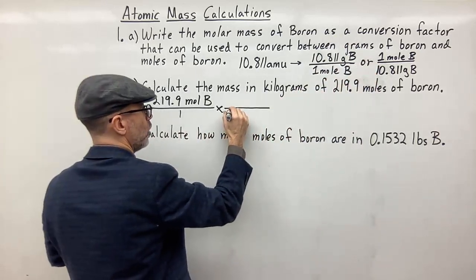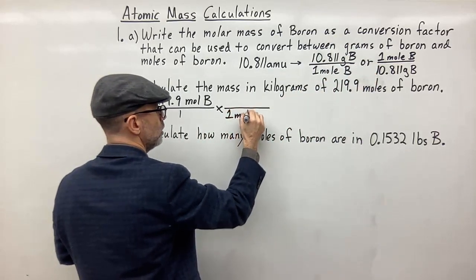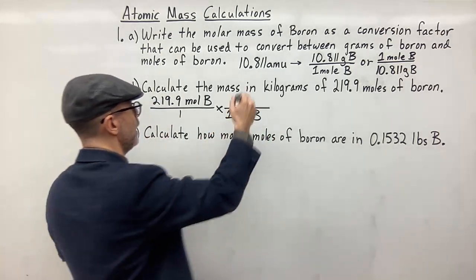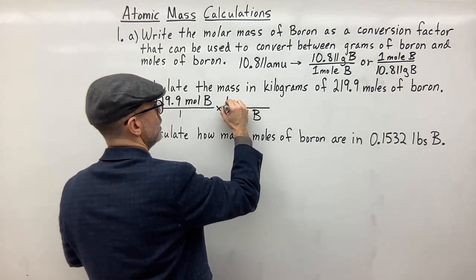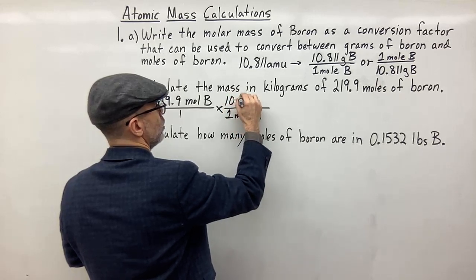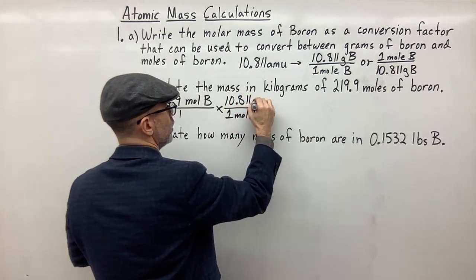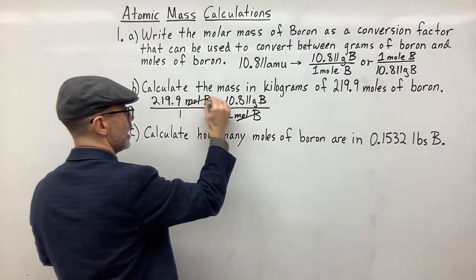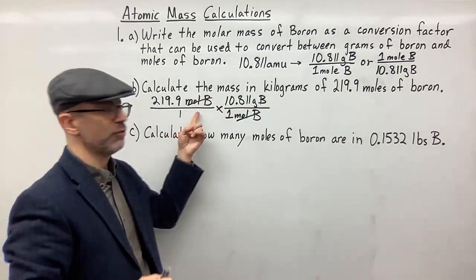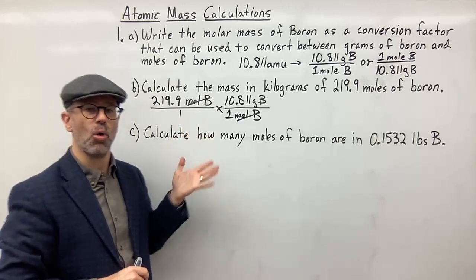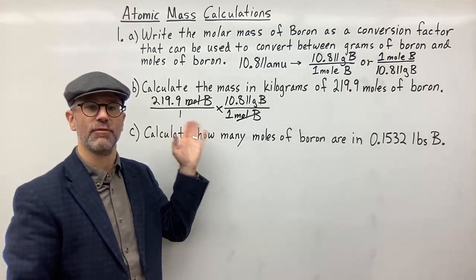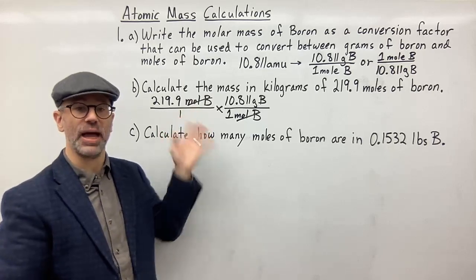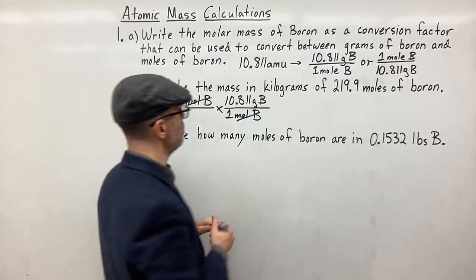So we're going to have 1 mole of boron on the bottom, and we're going to put the 10.811 grams of boron on top. So moles cancels out. You might have noticed that I dropped the E in mole. This is an abbreviated way in which we write mole, so MOL instead of MOLE.